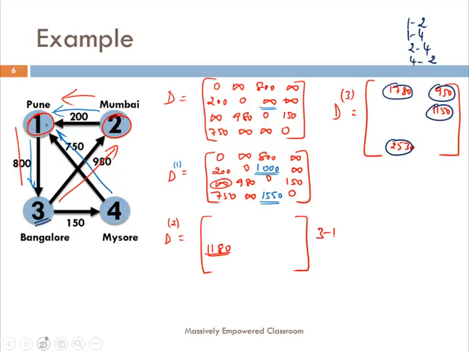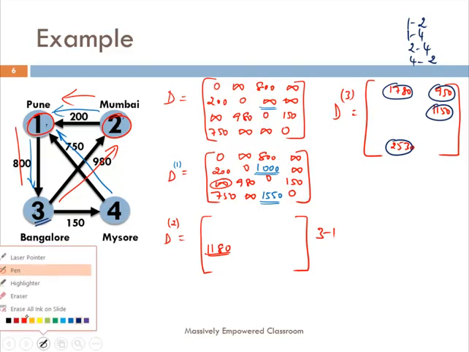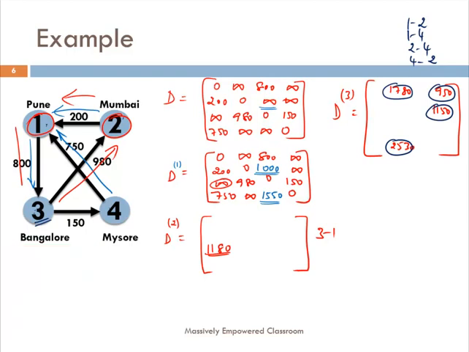In the next iteration, when we include node 4, the values will change. In fact, at this point itself, we don't have any infinities, right?